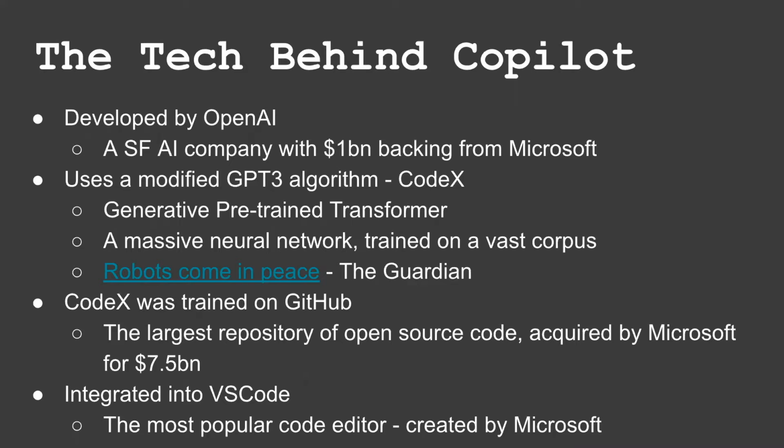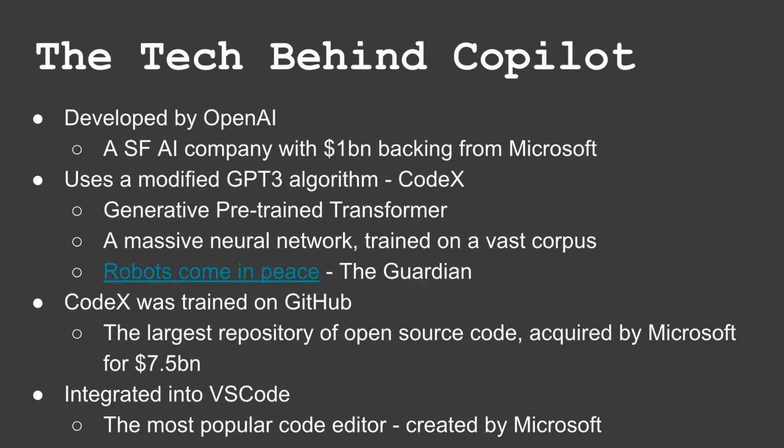And GPT-3 took that prompt and wrote an entire article. I mean, it's not perfect, but it's pretty impressive. Now, Copilot is based on a slight derivative of GPT-3, which is specifically designed for analyzing computer code rather than text.